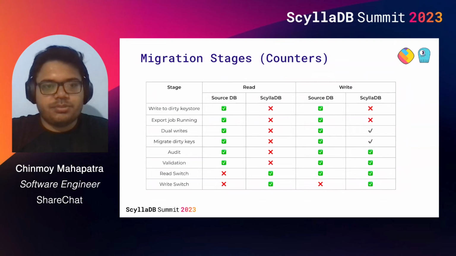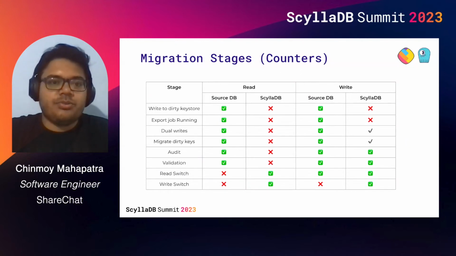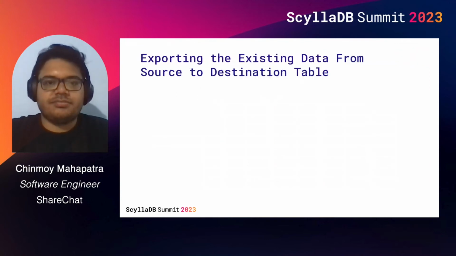Once export job is complete, we start the dual writes, but this is again a partial dual writes phase, as the ownership of the non-migrated keys still remains with the source DB. Now, once migrate dirty keys is over, then we have the complete dual writes on, and we can go on with the general phases of audit, validation, read switch, and write switch.